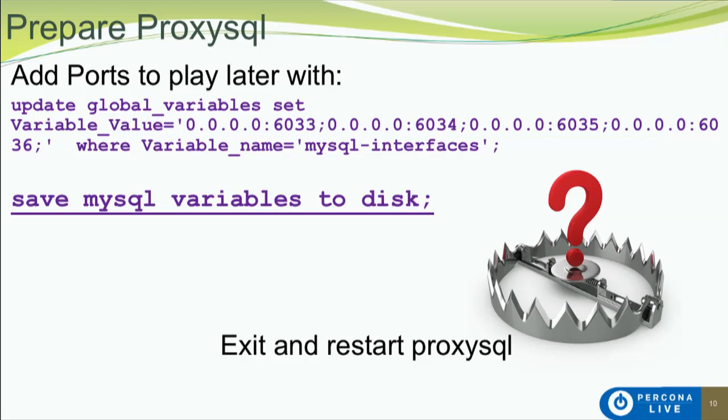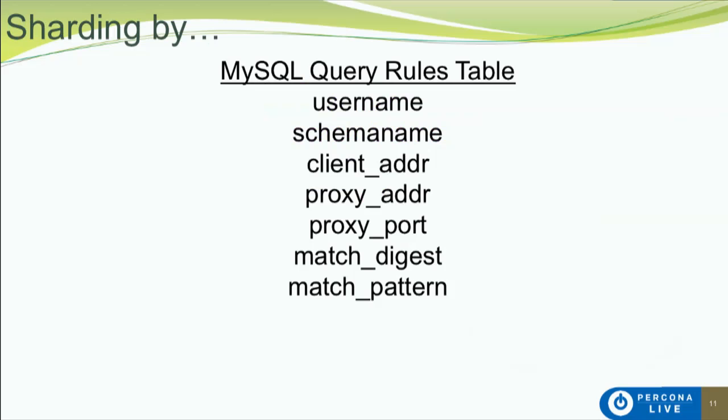All the configuration in ProxySQL is dynamic, except this variable and another one. So you need to update the value, then save the variable, and then go out from ProxySQL. You don't do a ProxySQL restart; you need to go out and do a full restart of the daemon. Otherwise, you will lose the information.